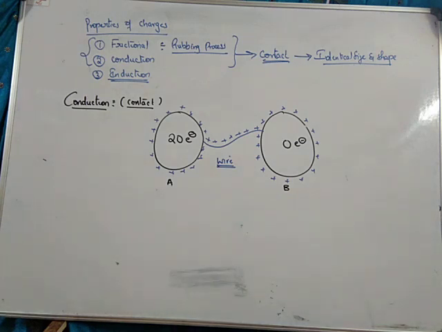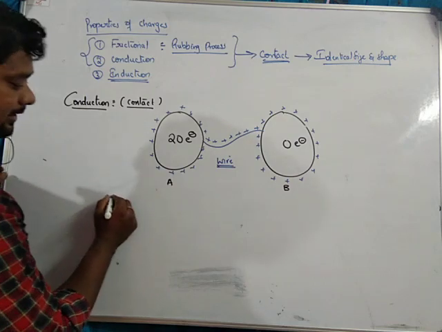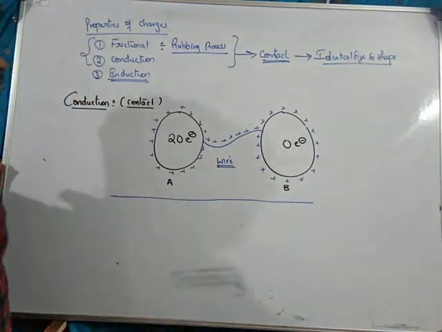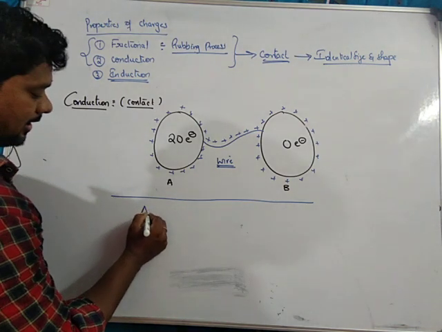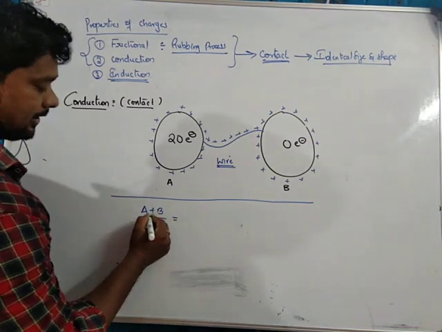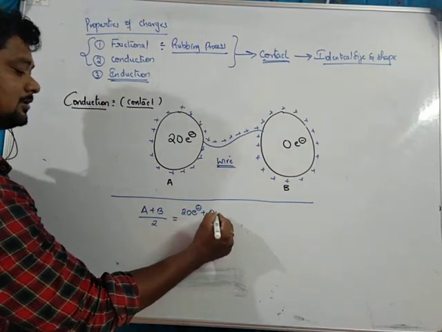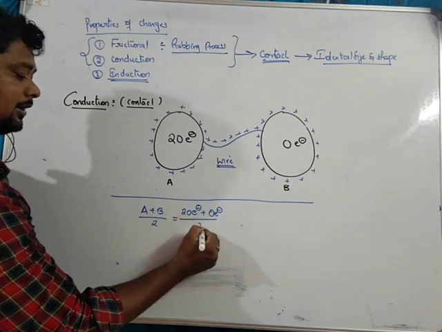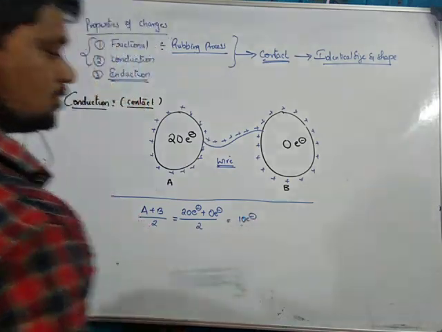In rubbing principles, the transfer is limited. Whenever we have a frictional force, it goes either 1, 2, 3. But here, to define at the end how many electrons will be in A and B, and how many were transferred from A to B, we have a formula: (A plus B) by 2. So we have A with 20 electrons plus B with 0 electrons, divided by 2. We get 10 electrons.